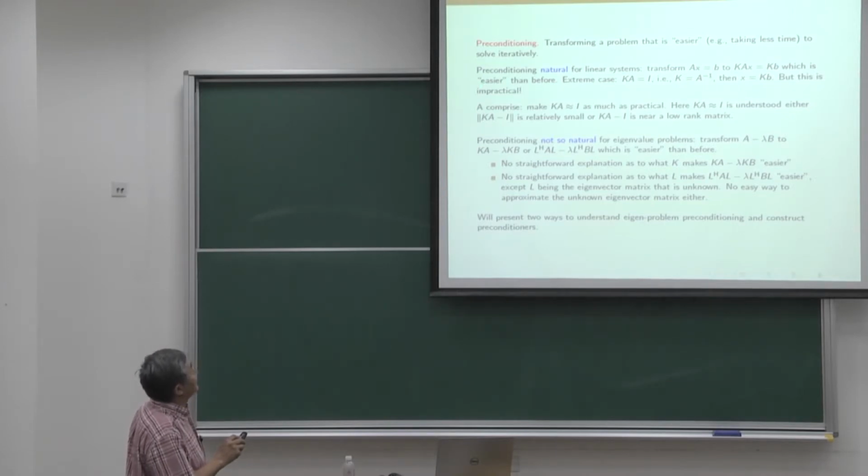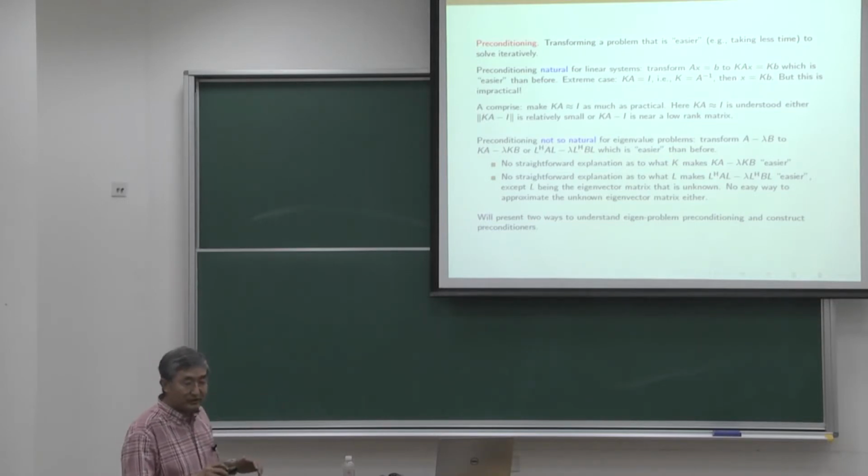Predominantly, when people talk about preconditioning in numerical linear algebra, it is about linear systems. So you try to solve a linear system Ax = b. How do you make it simpler? The idea is to find another matrix K so that you multiply from the left.